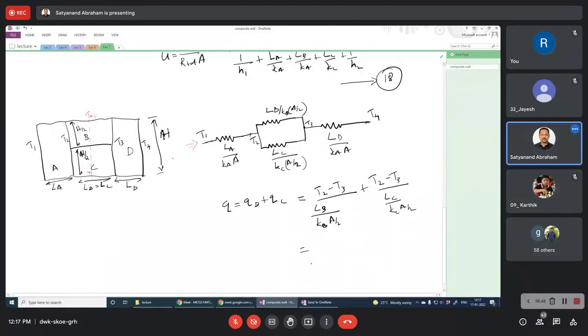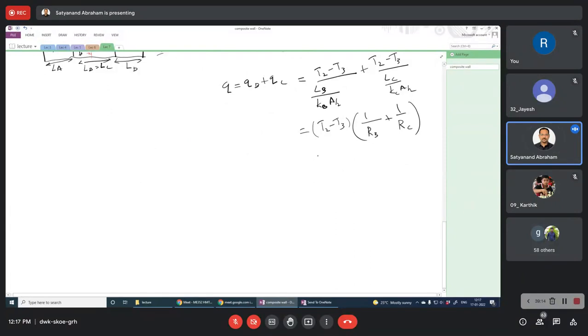Now T2 minus T3 is common. So then we can write 1 by, what is this? This is the thermal resistance for B, plus 1 by thermal resistance for the part C.